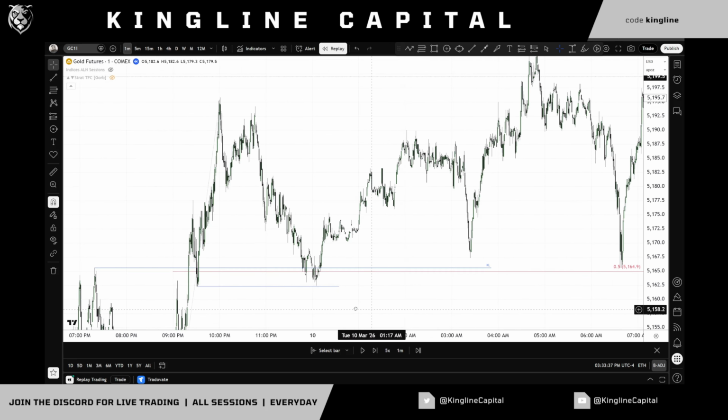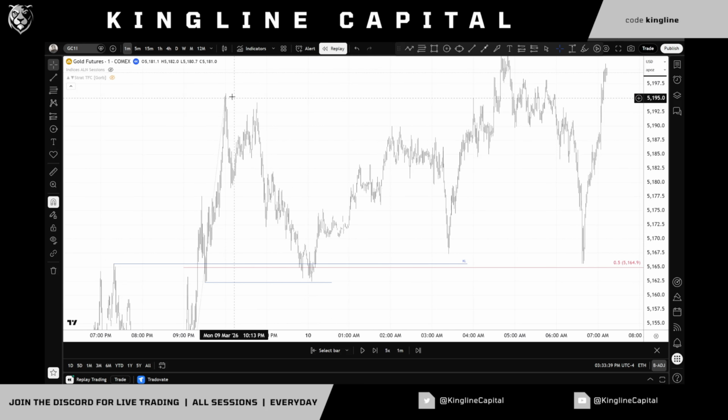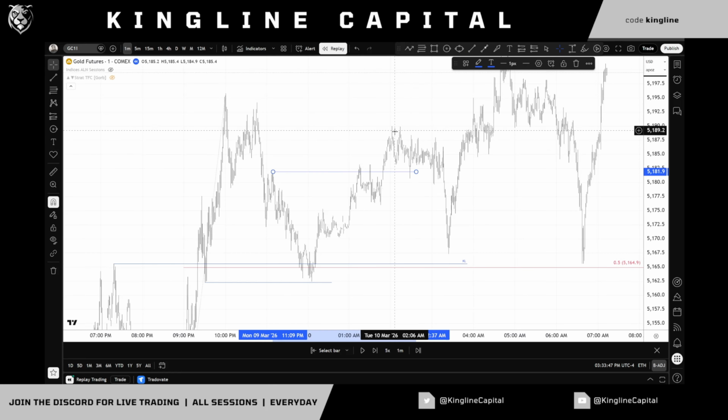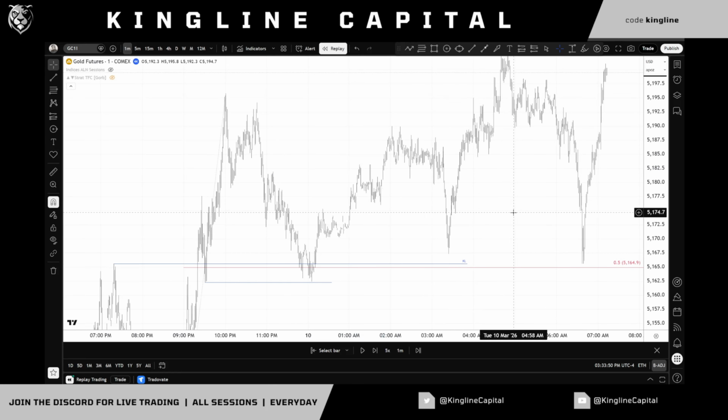And what happened to the next move? Well, it didn't quite sweep either of these two highs, but it did sweep this high with some continuation higher. That's bullish also.